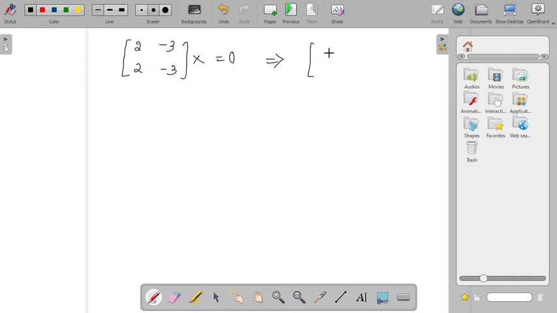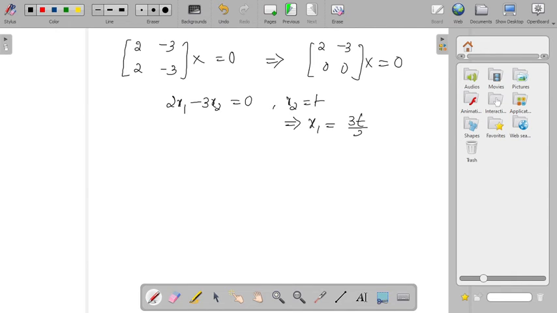Again the rows are multiples of one another, so we will get the equation 2x1 minus 3x2 equal to 0. Let us put, say, x2 equal to t, so that implies x1 equal to 3t by 2. Multiplying with 2 throughout, x1 is 3t and x2 is 2t.